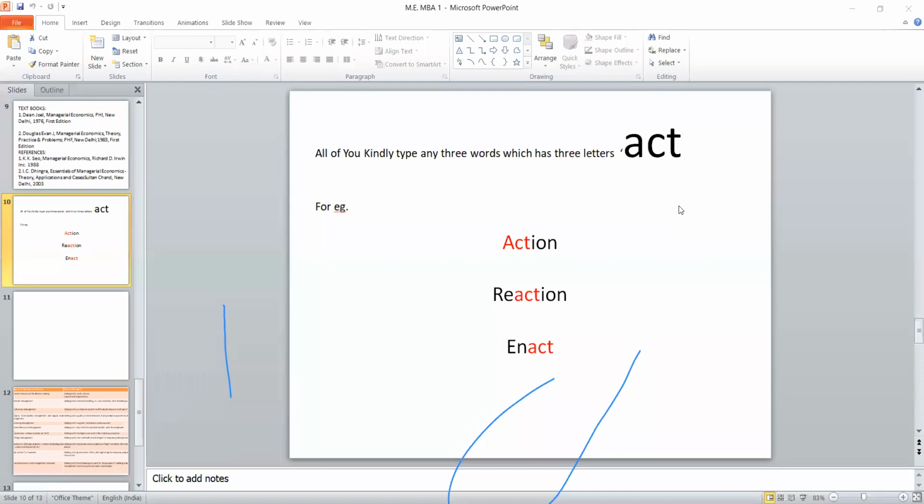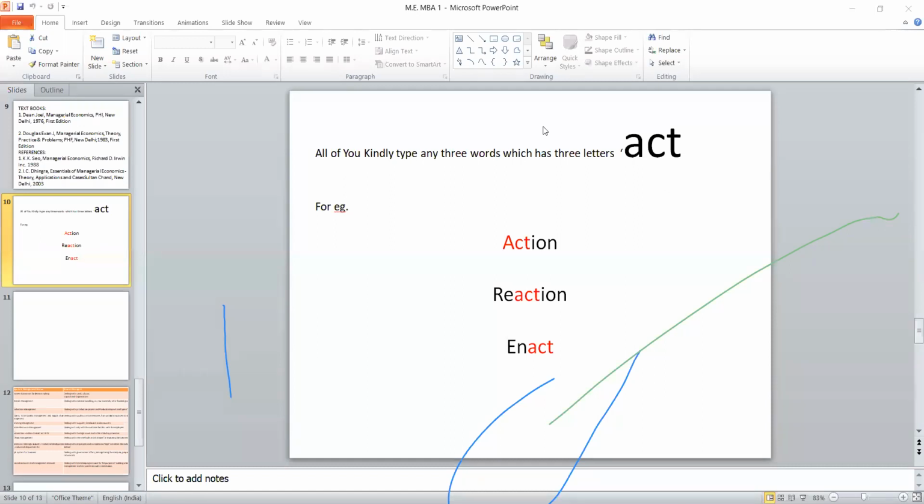Bracket, sir. Nice. Compact. Super. Sir, my name is Shyam from Business Analytics. Impact. Super, nice. Bacteria, sir. Nice, bacteria.